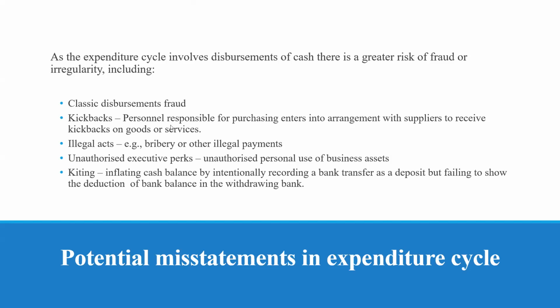Let's have a look at this. First, the classic disbursement fraud. For example, the payable is paid to a ghost creditor or to a wrong creditor, which could be an issue for all types of cash disbursements in the purchase cycle.